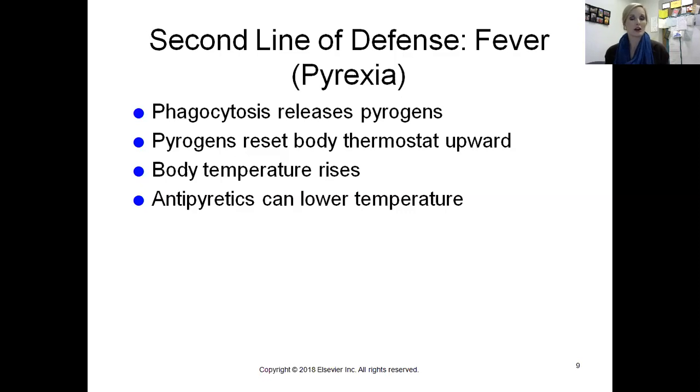These pyrogens, their job is to reset the body's thermostat. We know that our hypothalamus is our body's thermostat that controls our temperature, and wants us to be typically around 98.6 degrees Fahrenheit. Instead, once these pyrogens are activated, they spike that body temperature. The body temperature will rise, and what it's doing is that hot temperature.